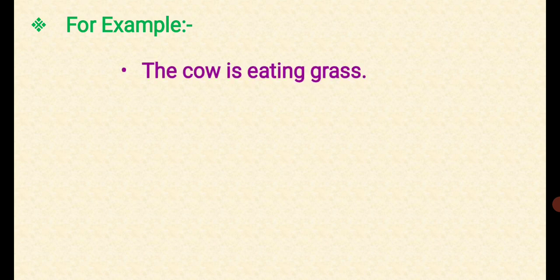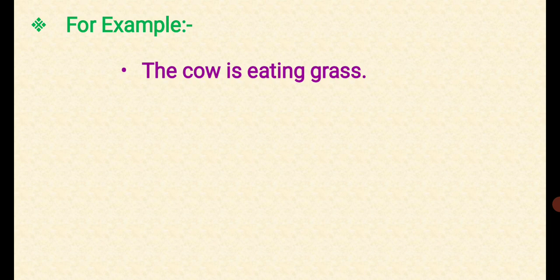So, "The cow is eating grass." Here the cow is the active part. It means it is a subject. Is is a helping verb, right? Eating is a main verb and grass is the object part of the sentence. Now, if we want to make this sentence negative, what can we do? We just write not after the helping verb.